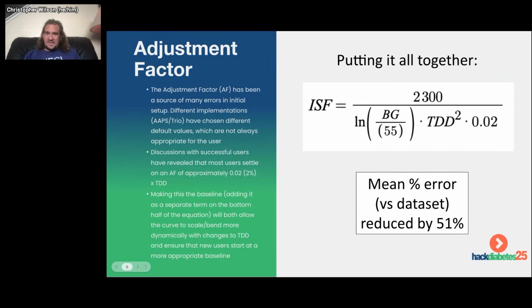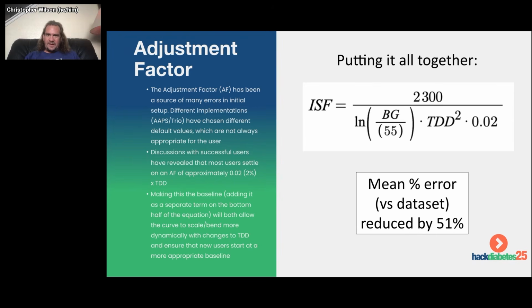The other piece is the adjustment factor. I did attempt to do a survey to look at how people were doing this, but due to the sort of herding cats nature of folks using DIY systems, people are compensating for the same problem using a number of different things. And so when I looked at the data, there weren't a whole lot of responses. There were only about 30 people that responded.